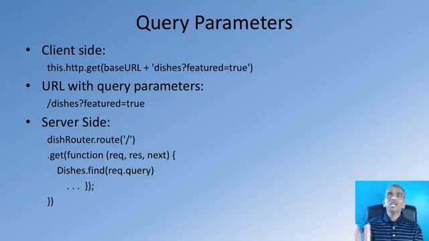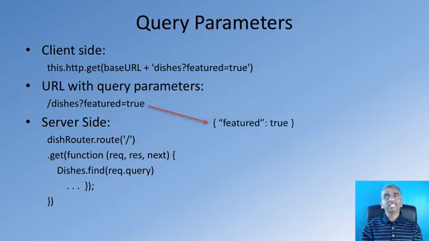Now, when you include a query parameter like that in the URL, how will our server side be able to extract this query parameter? So this is where, when the incoming request has this query parameter attached to the incoming URL, the Express server will automatically process that and turn that into a JSON object that is loaded onto the request message coming in on the server side.